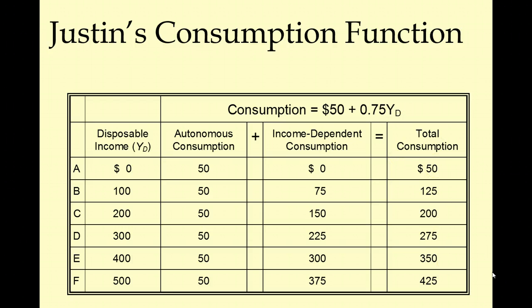We plugged various income levels into this part of the equation, and we were able to get Justin's total consumption. Now, you may already see this, but there is only one income level that can be sustained. And of course, that's when Justin's income is equal to his spending. Because if Justin spends more, as in this case, that can't be maintained for very long.